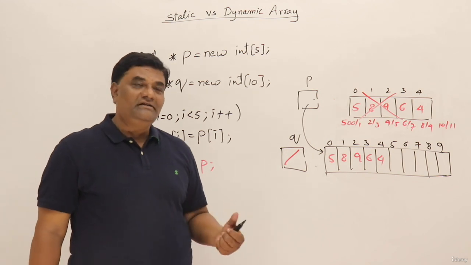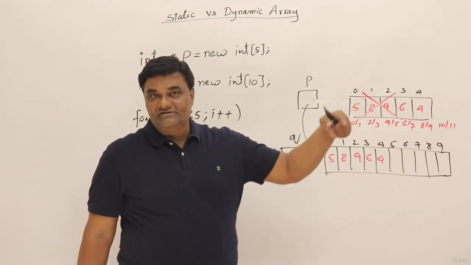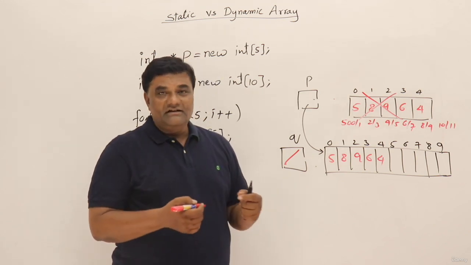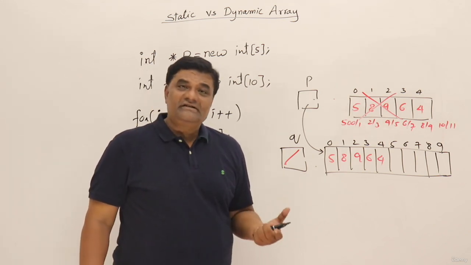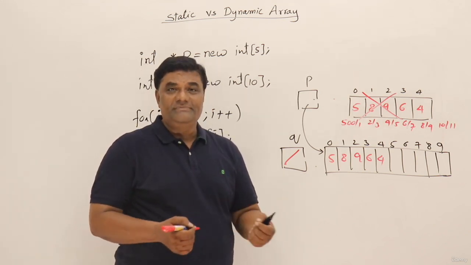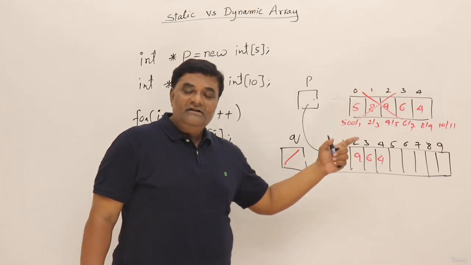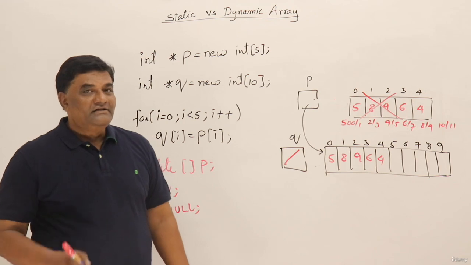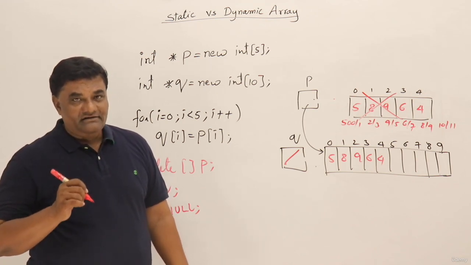So there is no guarantee that the next consecutive locations are free. If the consecutive locations are not free, then the array cannot be increased. That is the reason we say that array size cannot be increased. So rather than that, we will have another larger array and shift the elements. So this is about static and dynamic array.